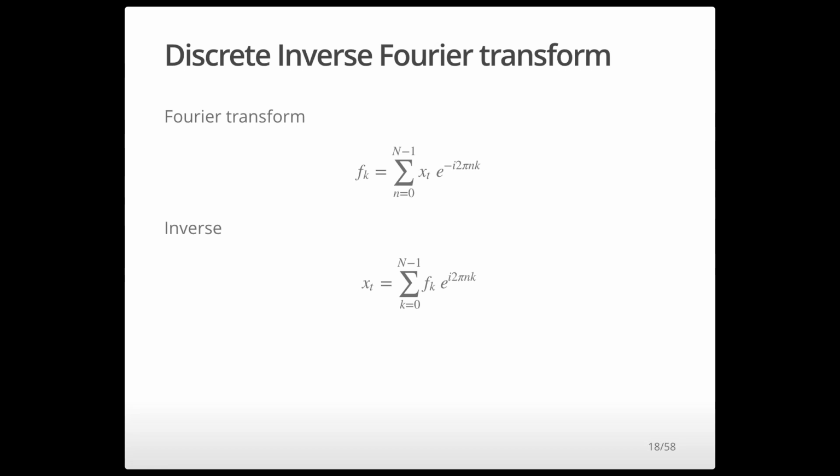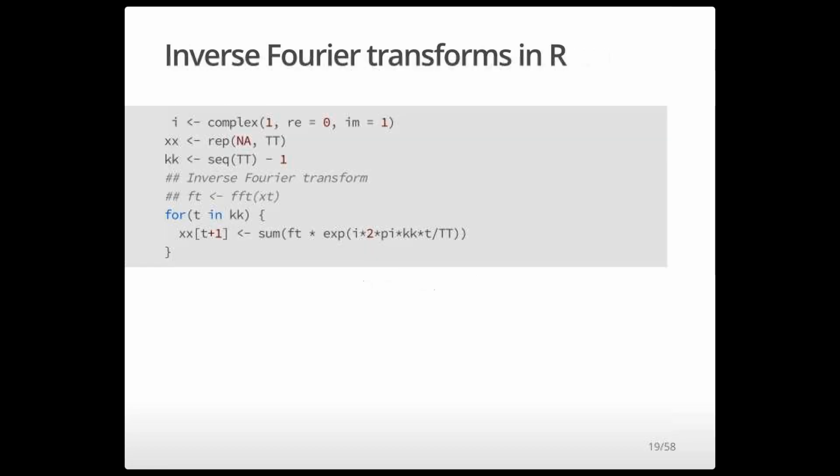So if you have these estimated Fourier transforms, to go back to the x's means you're just going to multiply those times this quantity here. And you can do that really easily in R, right? You just create a definition of an imaginary number, and in R there isn't a real good way to do that other than this command complex, which says give me one complex number.